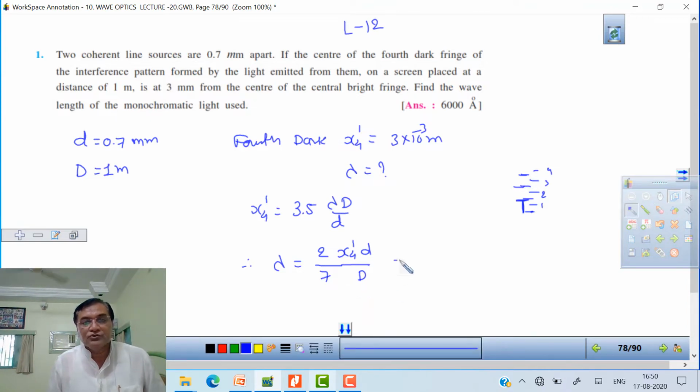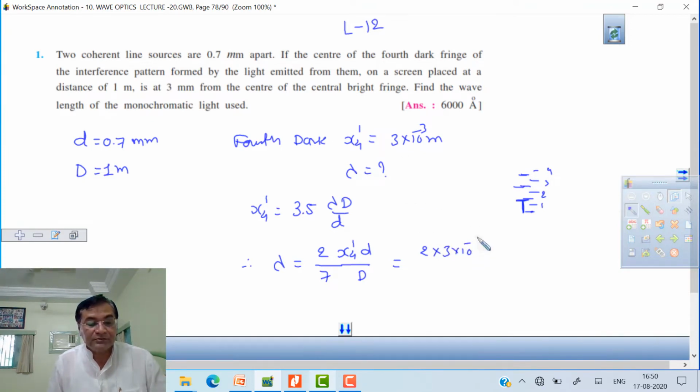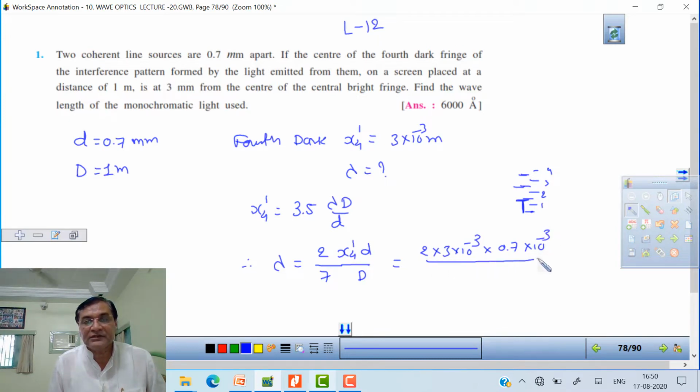Okay, so we put all these values: x4 prime is given as 3 into 10 raised to minus 3, then small d is 0.7 millimeter, 10 raised to minus 3, divided by 7 into capital D, which is 1 meter. So when you cancel, this is 0.1. So minus 3 minus 3 minus 7 minus 6 minus 7. So it is 6 into 10 raised to minus 7, so it is 6,000 angstrom.